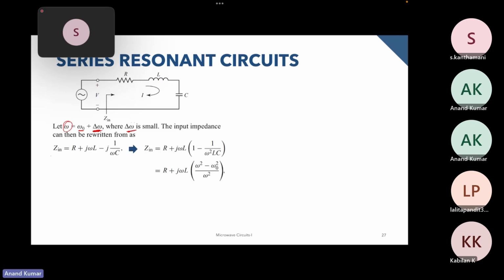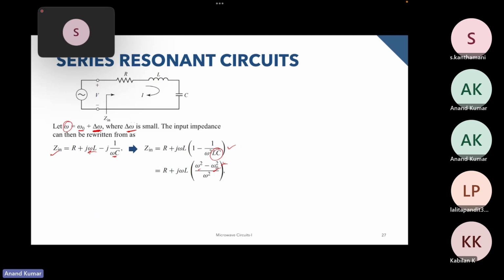In that case, the input impedance is given over here, and we can take j omega L common, and we end up with something looking like this. And this LC can be written as omega naught squared. So this is the input impedance expression in terms of omega and omega naught.